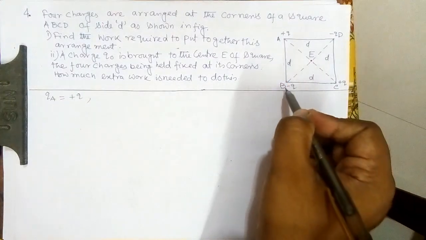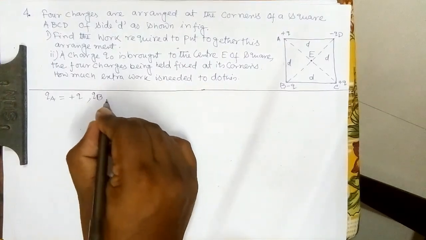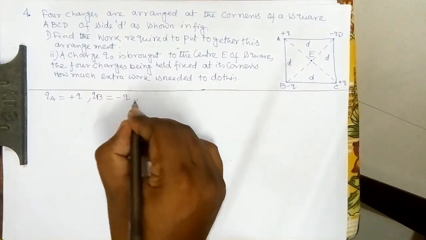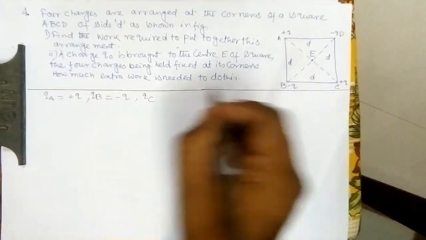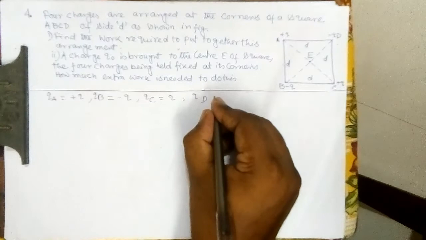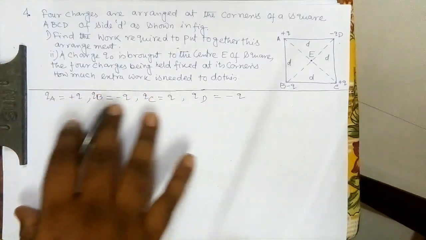Then at B, we can say it is QB, so QB equals minus Q. Now for QC, QC equals plus Q, and QD, meaning charge at point D, equals minus Q. So this way we have to approach it.